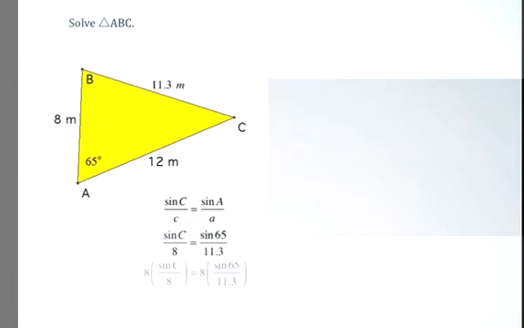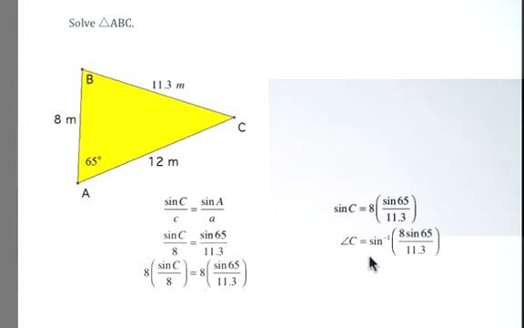So now we're going to multiply both sides by 8 to isolate sine of C on the left-hand side. And now we're going to take the inverse sine of everything in the bracket.